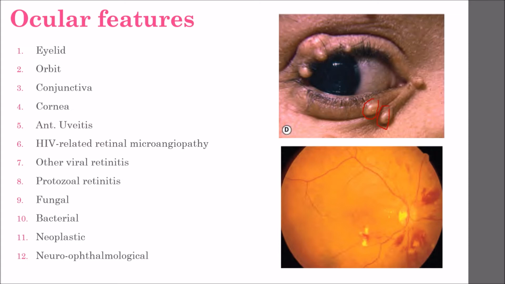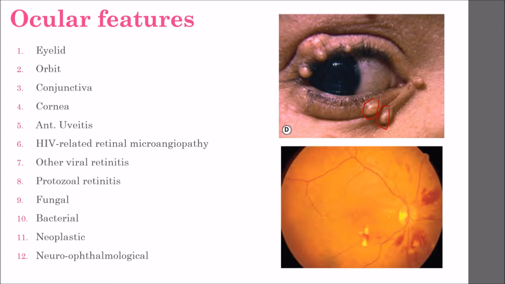And this can be present all over the face. Kaposi sarcoma can also be present on the lid, and herpes zoster ophthalmicus, which is way out of proportion as compared to in an immunocompetent patient.